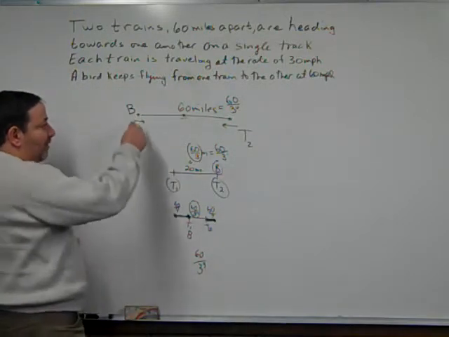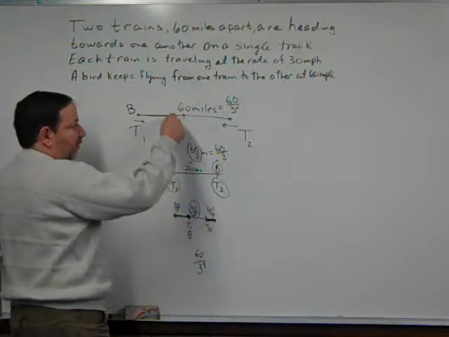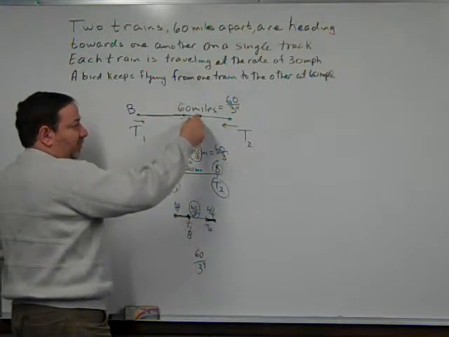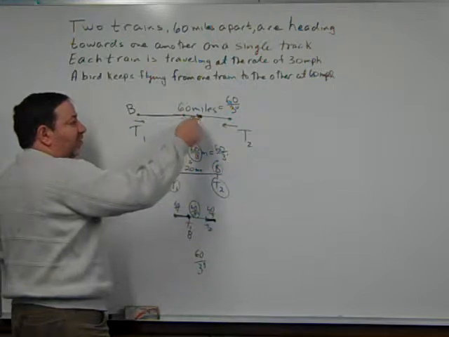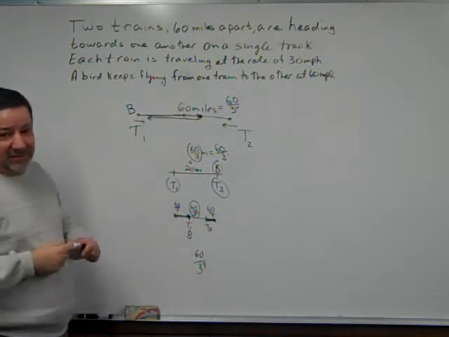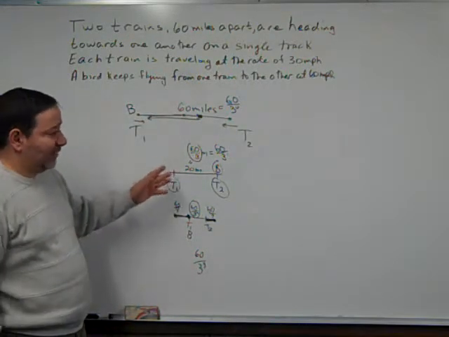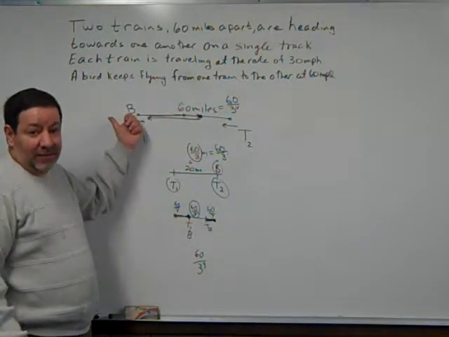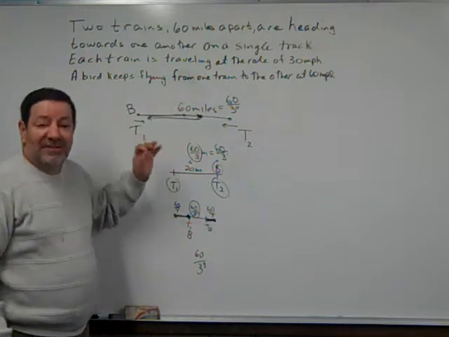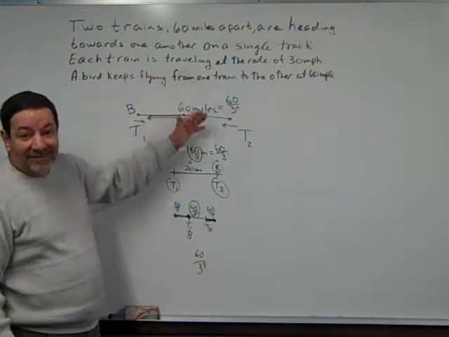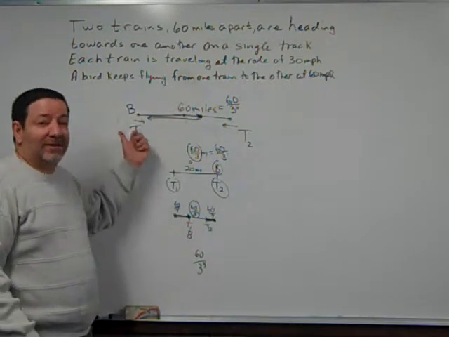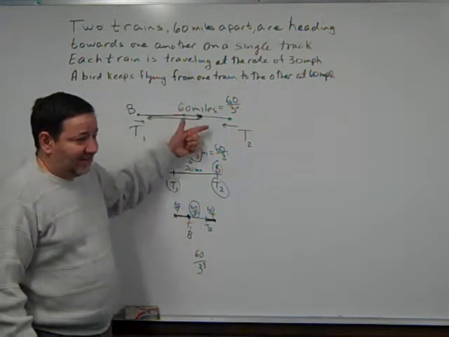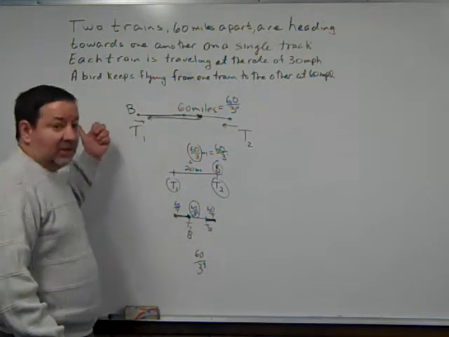That is, when this bird is going this direction and it reaches train 2, it turns around and goes back at the rate of 60 miles an hour. It's going 60 miles an hour this way and then 60 miles an hour that way. We're going to assume it never stopped. It didn't slow down and then turn around. It's going 60 and then 60 the other way.